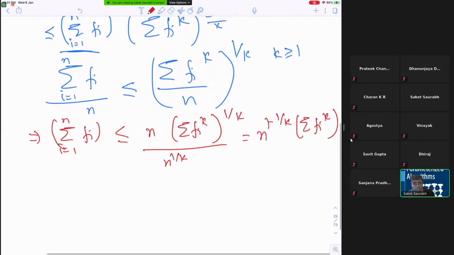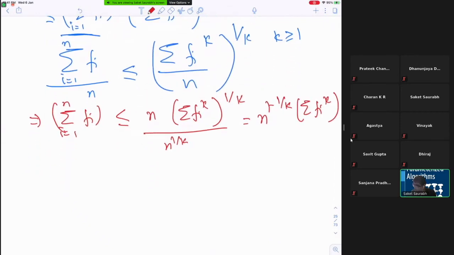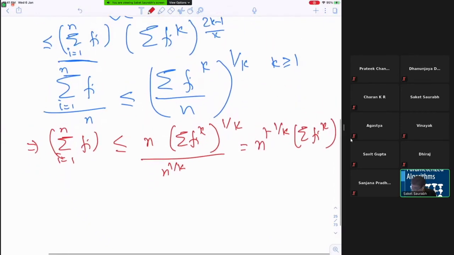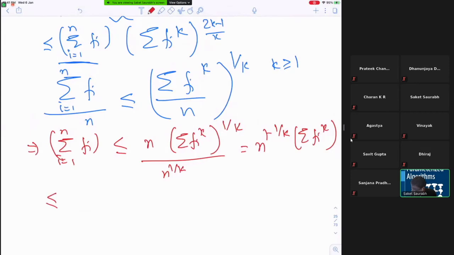So let's substitute that. What am I going to get from here? Then I'm going to get n to the power 1 minus 1 over k, and summation fk.